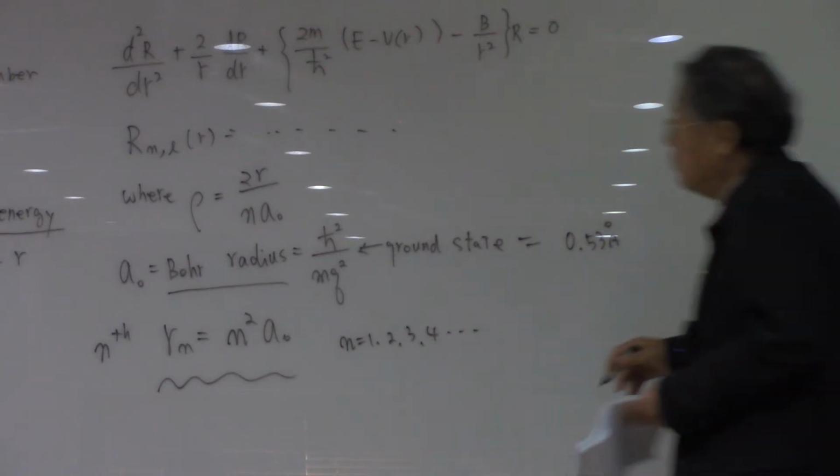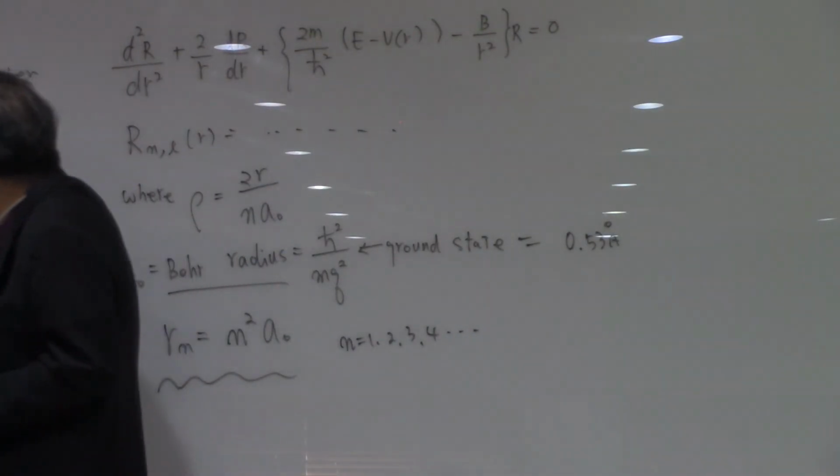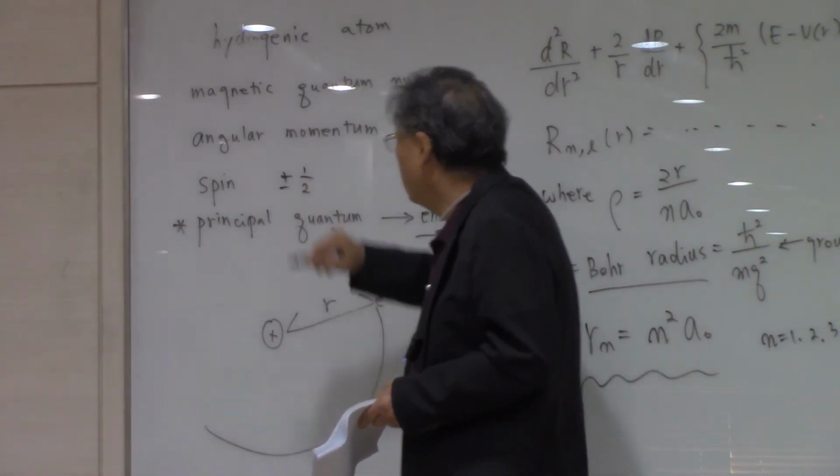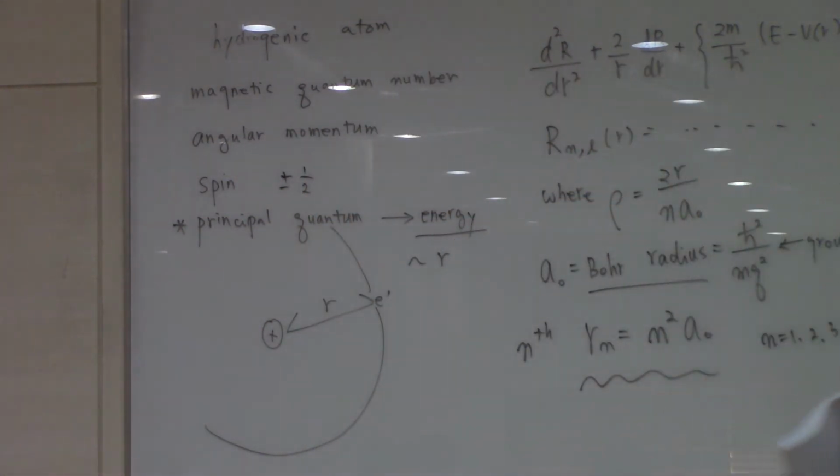Okay, the spin quantum number is just plus or minus half. That's just two things.